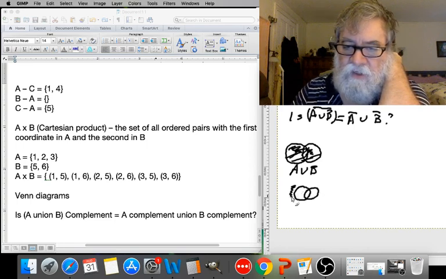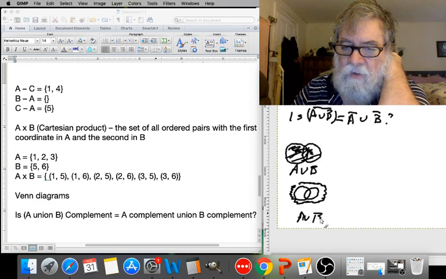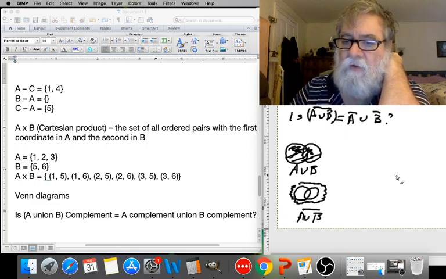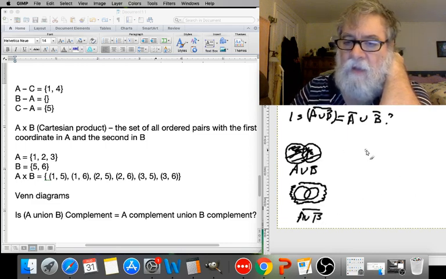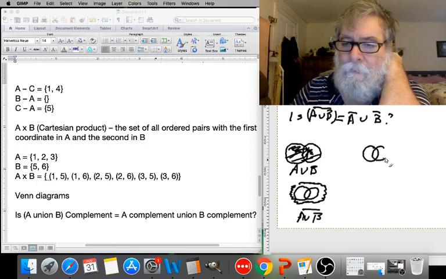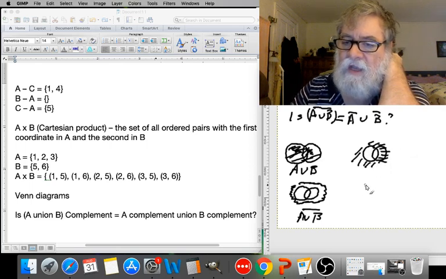In other words, it's all this area out here. This is A union B complement. Over here, A complement is everything outside of A. So it's all this, but this part too inside B, it's all of that. And this is A complement.